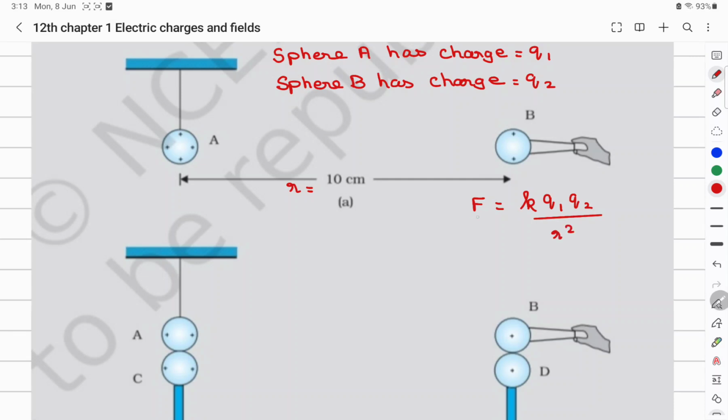This is the initial condition, say it is F1.